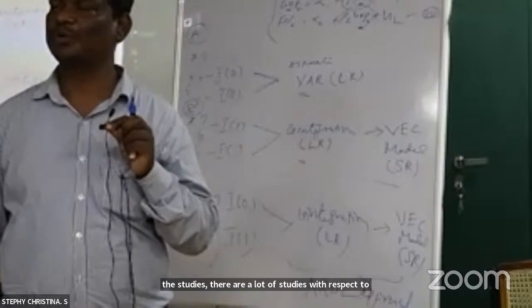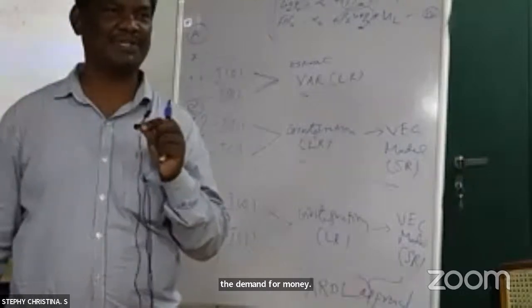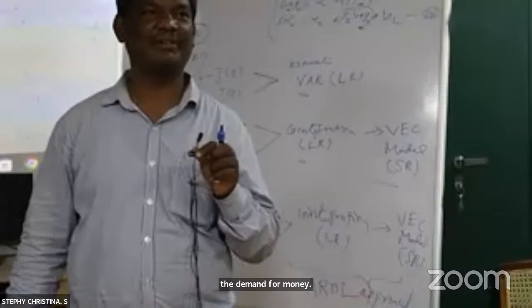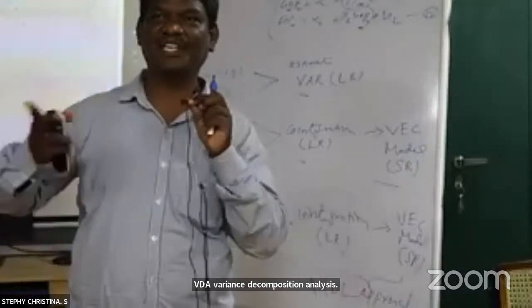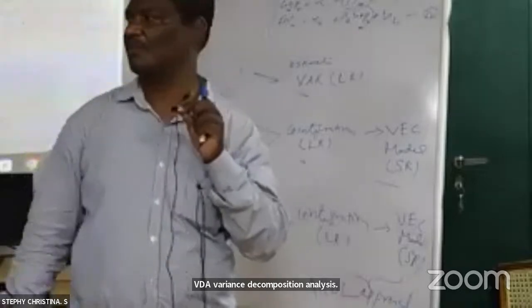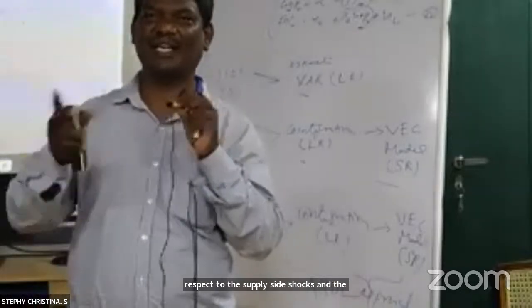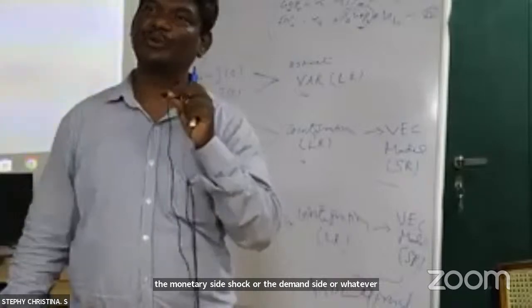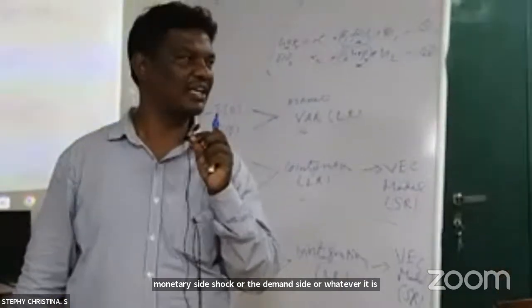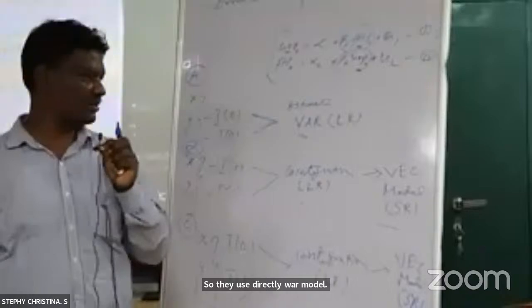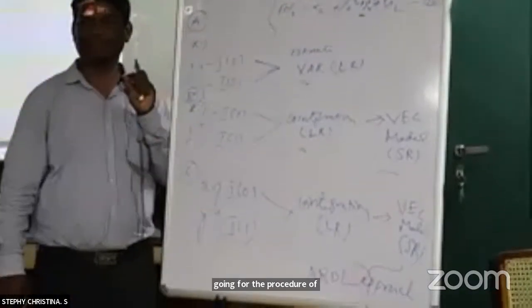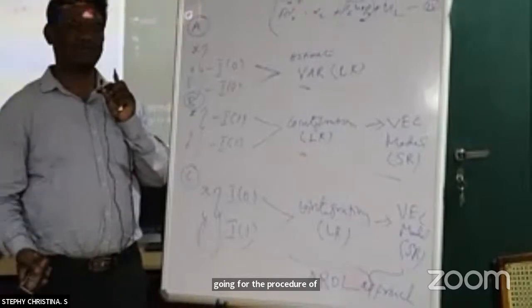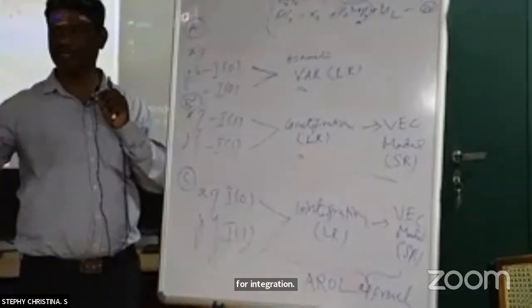They use the impulse response function or VDA, variance decomposition analysis, with respect to supply side shocks and monetary side or demand side shocks. So they directly use the VAR model without going through the co-integration procedure, and it is now published in standard journals.